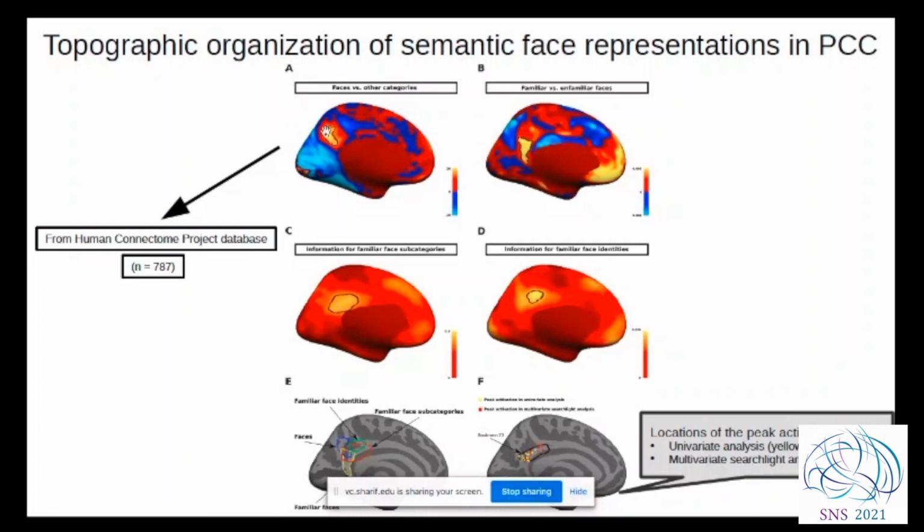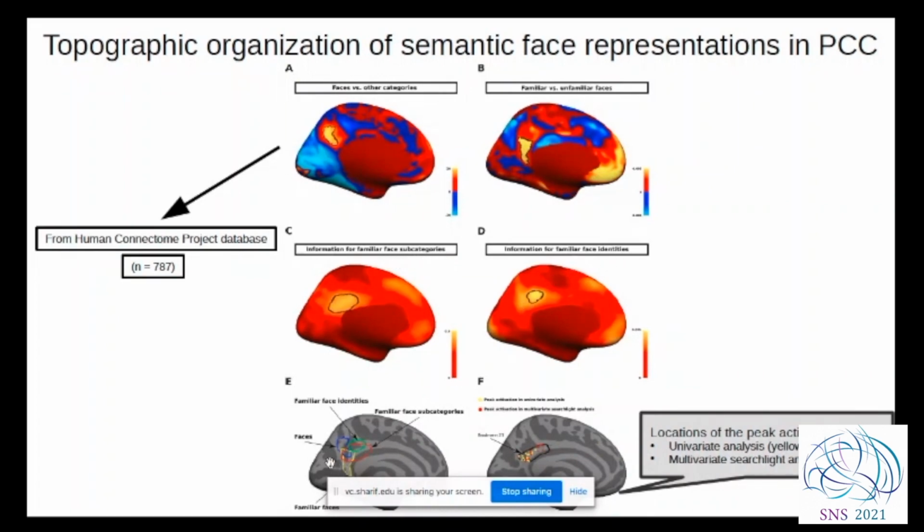So in panel A, we have the result from the last analysis, so comparing faces versus other categories. So we had this region in posterior cingulate cortex, and we have another region which came out from the comparison of familiar versus unfamiliar faces. And also we had regions that came out from searchlight analysis. And these are regions that contain information for either familiar face subcategories or familiar face identities.